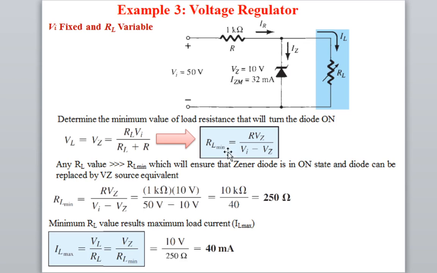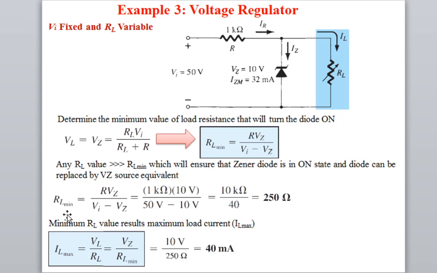If RL is greater than RL minimum, then obviously that ensures that your Zener is in on state. If the Zener is in on state, then we know that the diode can be replaced by a voltage source equal to Vz. So this voltage is Vz, so obviously this voltage will be equal to Vz.